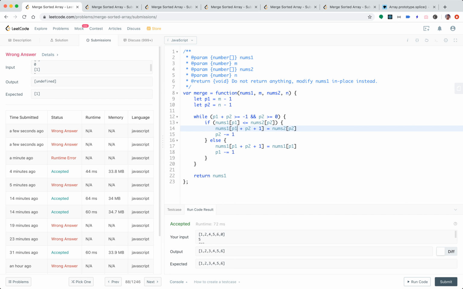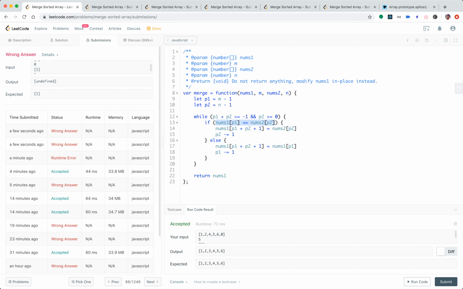0, 1. So we should minus 1 and 0. Minus 1. And p2 is 0. And p1 is smaller. So it should be nums1.